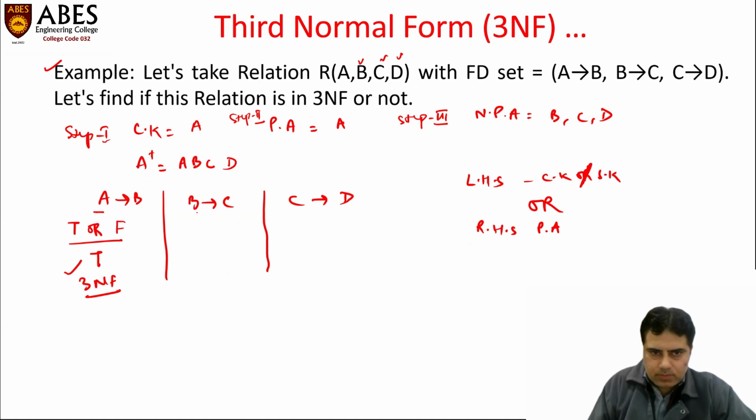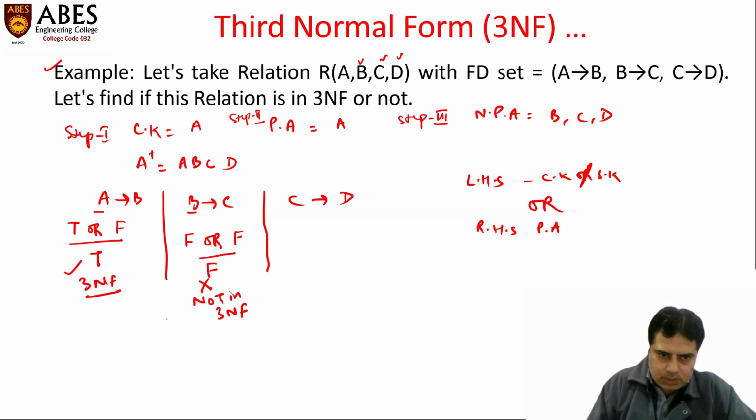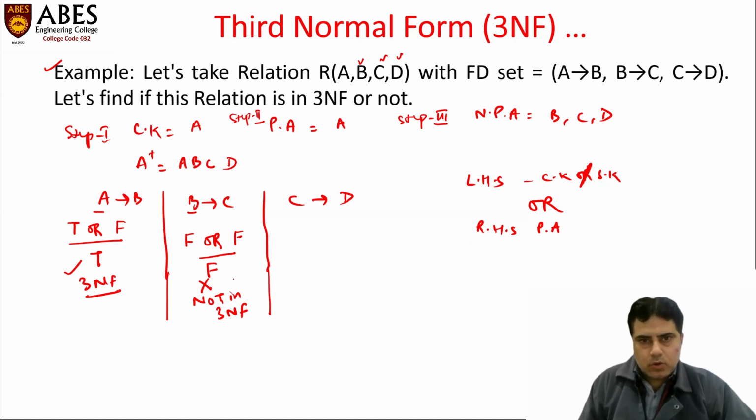Now check for B determines C. Is B the candidate key? No, it is not. Or is C a prime attribute? No, C is a non-prime attribute. So this is false, and we can say that this functional dependency is not in 3NF. If a single functional dependency is not in 3NF, then the whole relation is not in 3NF.